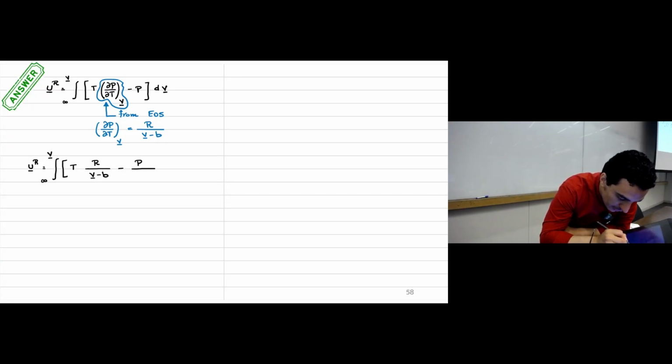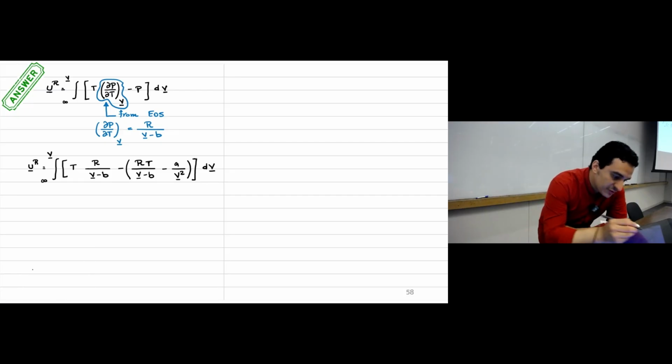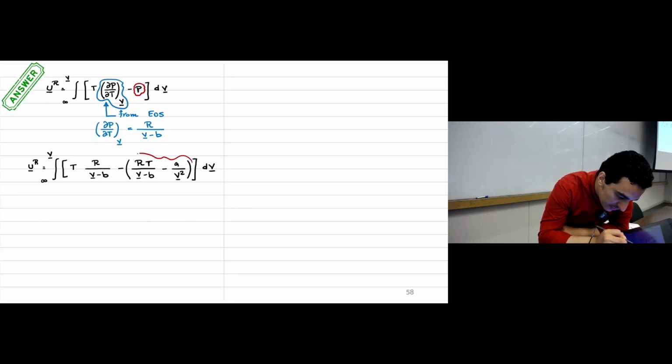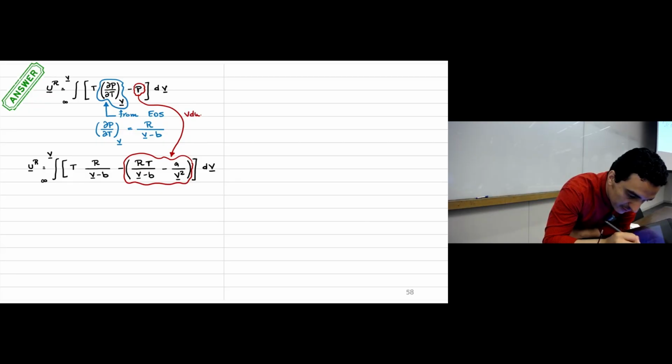So this one will be RT over V minus b, minus a over V square, and all of this dV. Again, all this term is the substitution of the pressure, and we find this equation from the van der Waals equation of state.